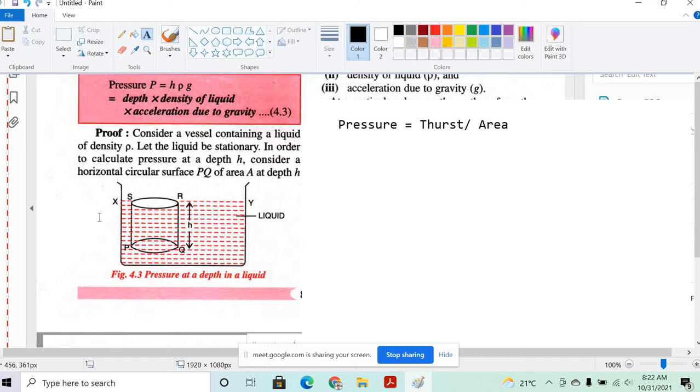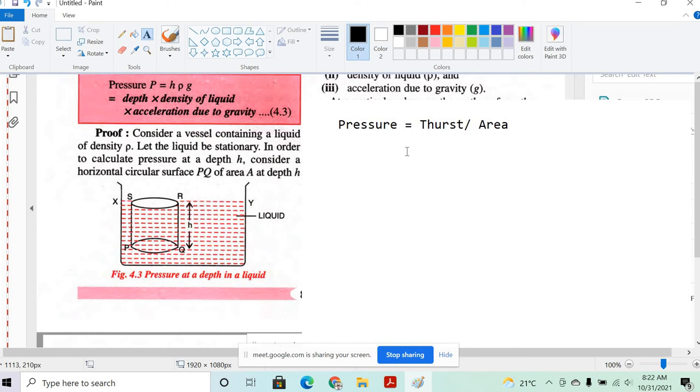You don't have any external force coming into the picture. You have only the water contained in the cylinder, isn't it? So the fluid is present in the cylinder also, correct. The liquid is present in the cylinder also, right?